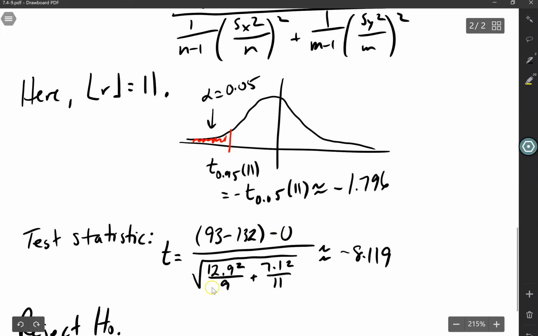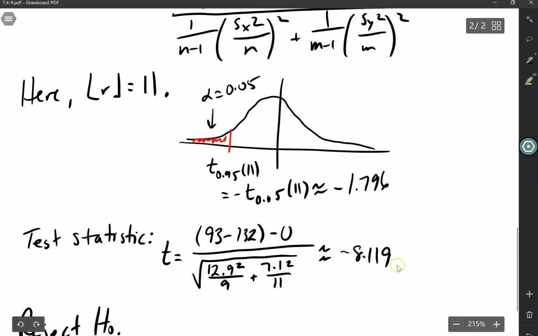And then we just divide by the square root of what the variance estimates would be. So remember that for the sample mean variance, we would do the variance of the population divided by the sample size. That's why we got 12.9 squared over 9 here. And then the same idea for the Y. And then we add them because we're assuming they're independent populations. So this is the same standard deviation estimate we would use if we had large samples.